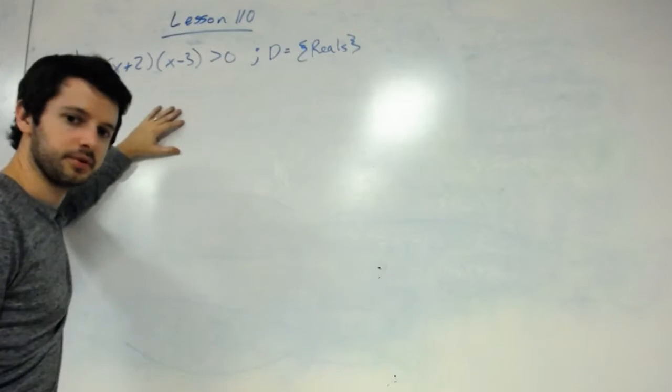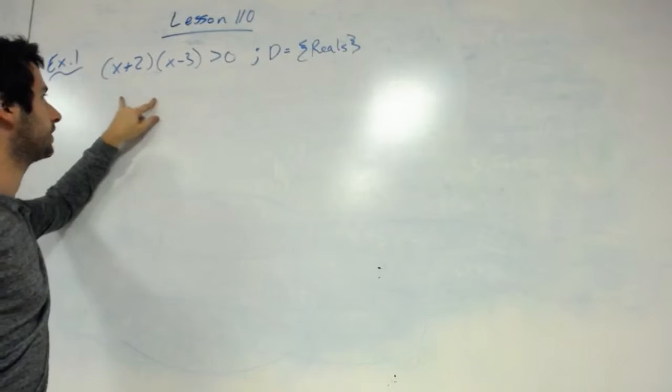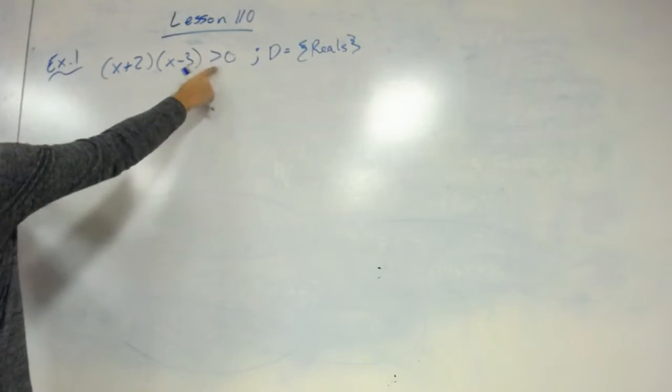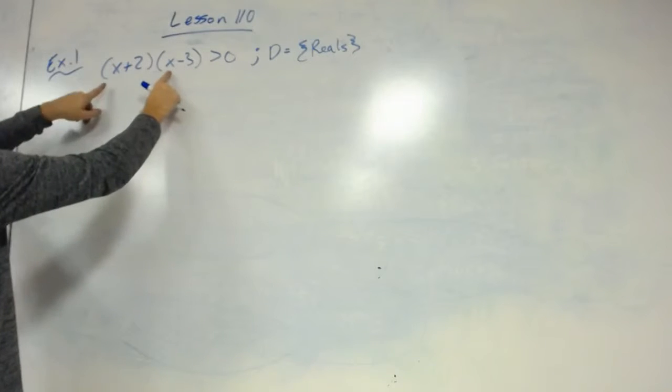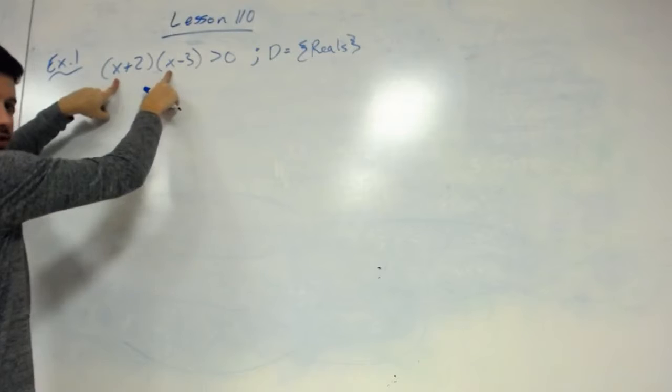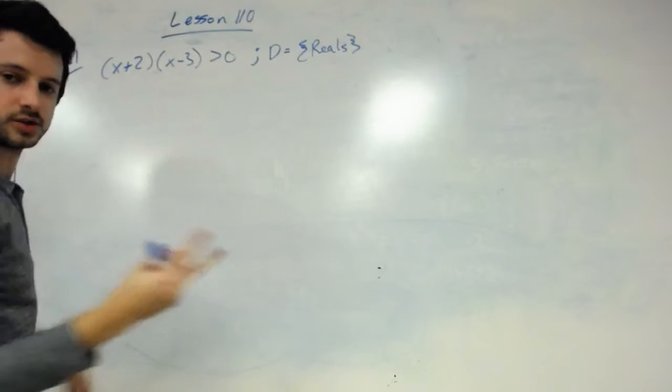When we graph this, we know that if we want it to be greater than 0, then these two factors have to be positive. There are two different ways to do that.